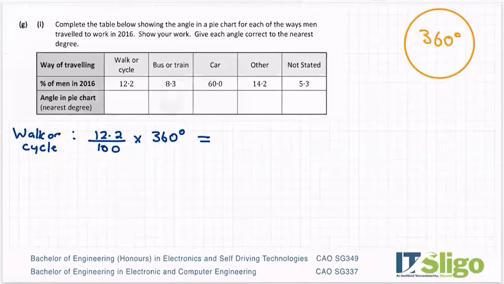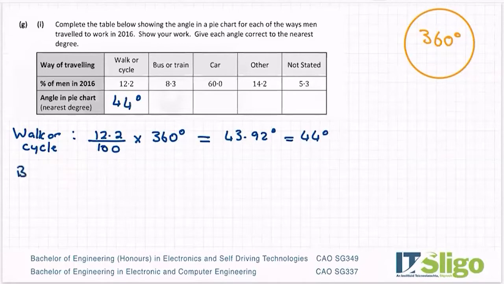So I am getting for them 43.92 degrees, or for all intents and purposes, 44 degrees, because that's going to be too hard to draw. So when we're drawing it, we'll end up drawing 44 degrees. Okay, let's look at the next one. Oh yeah, I have to write it in here. So the nearest degree, 44 degrees.